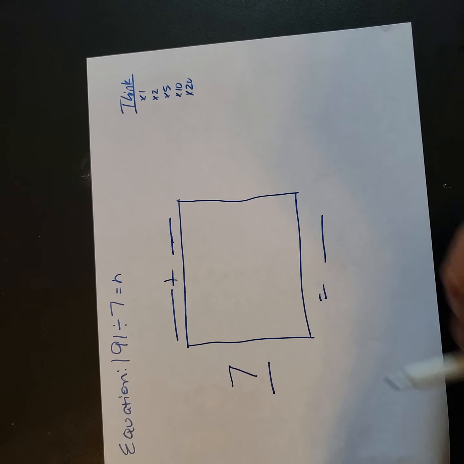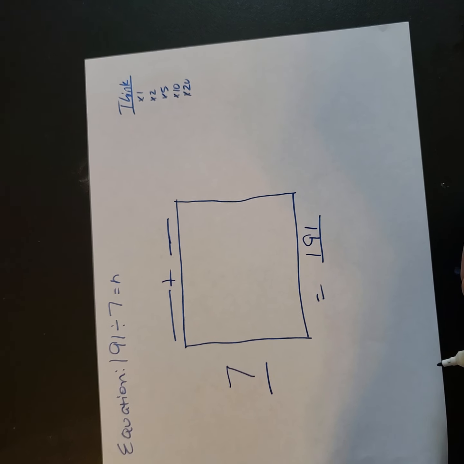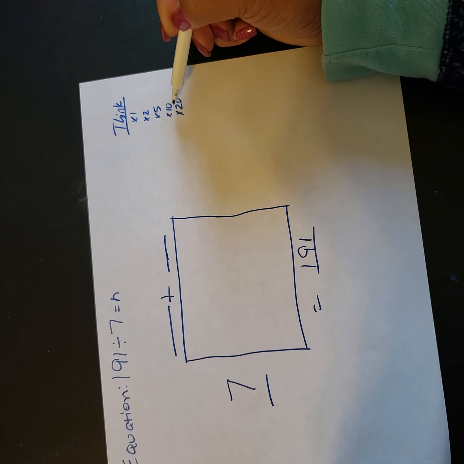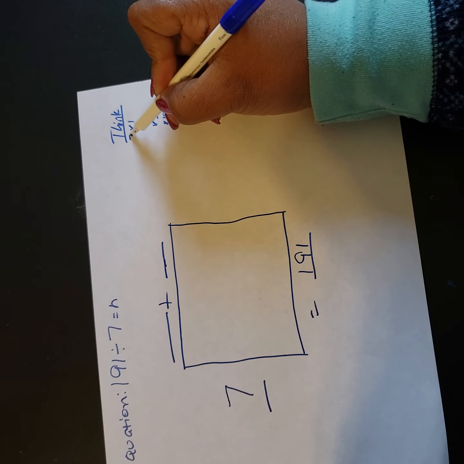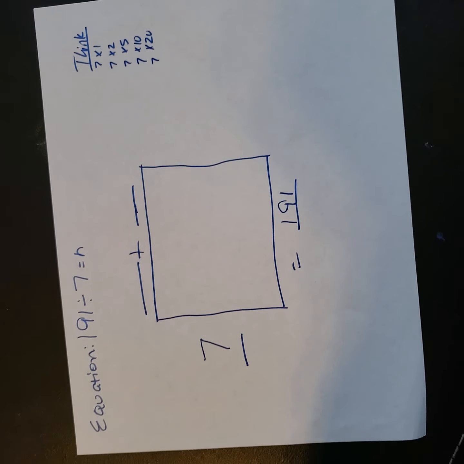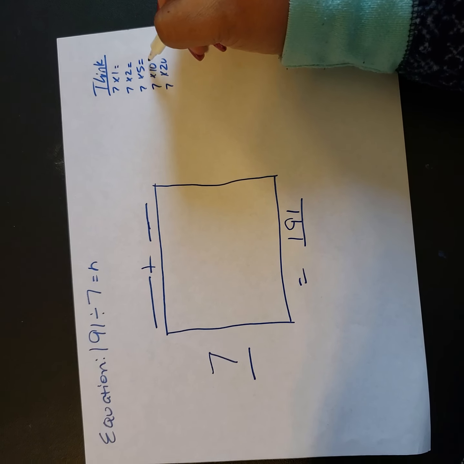And of course, there's our 7 and there's our 191 down here. As before, we want to go ahead and use our benchmark multiples. So the number we're going to be working with is our divisor. So we've got 7 times each of these numbers. So go ahead and do the math to start us off.